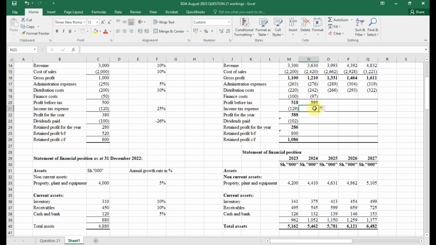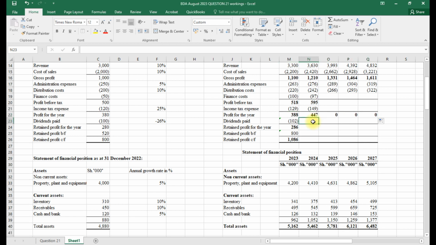Our income tax will be this value multiplied by 25%, our tax rate, and it's a minus. That way we drag this again. I can just autofill, the others will automatically fix.